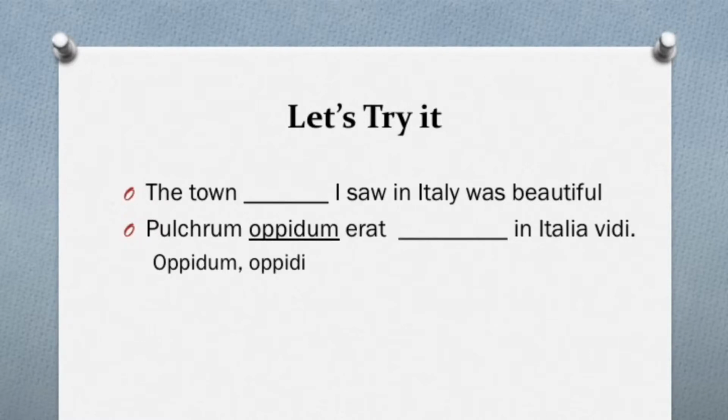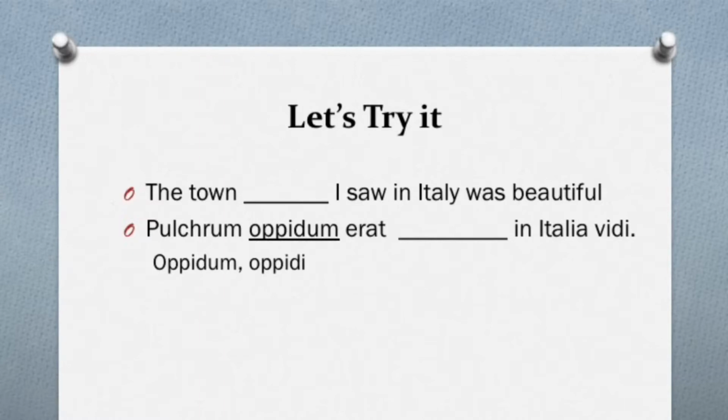Now remember that in order to decide whether we should use who, whom, whose, or which, or the Latin form or case of the pronoun we need to use, we have to think about the relative clause itself. Who, whose, whom, or which I saw in Italy is my relative clause.